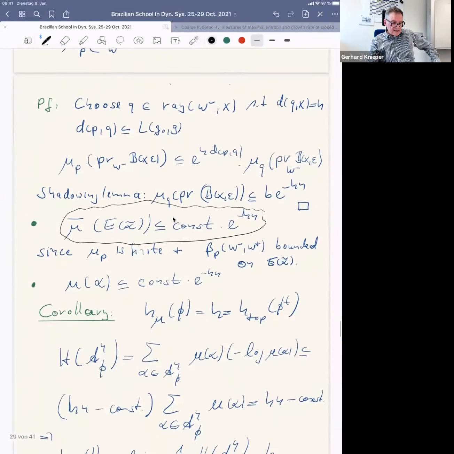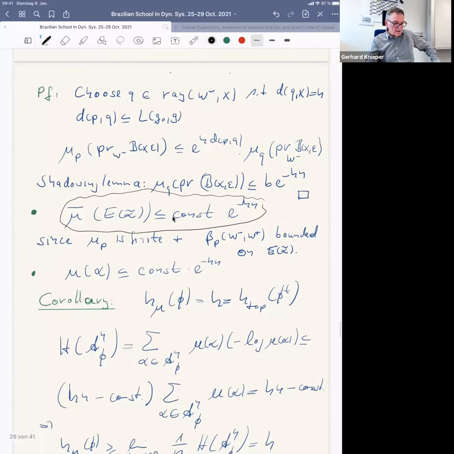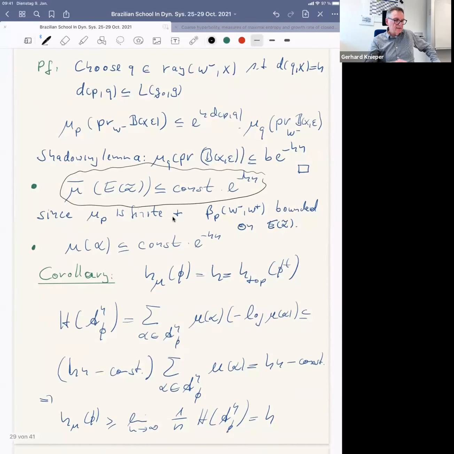You get this estimate for the measure mu bar, and to get the measure mu, you only have to check how long geodesics span in this set, and this is by definition also bounded. Therefore mu of the projected alpha will also have exponential decay of the measure.